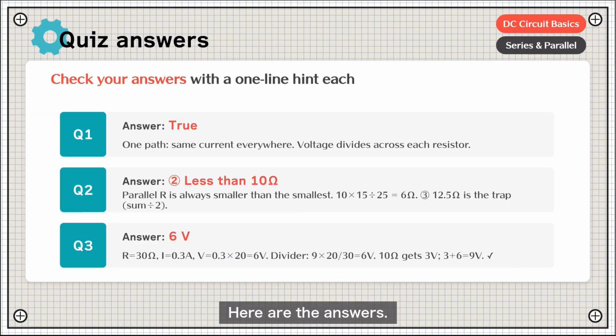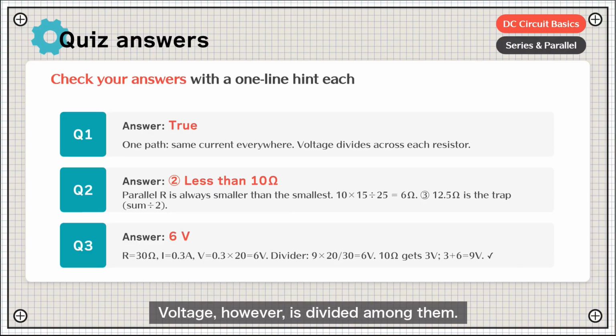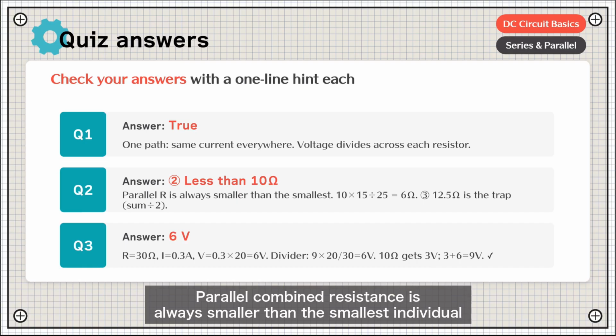Here are the answers. Question 1. True. Series has only one current path, so the same current flows through every resistor. Voltage, however, is divided among them. Question 2. Choice 2. Less than 10 ohms. Parallel combined resistance is always smaller than the smallest individual resistor.